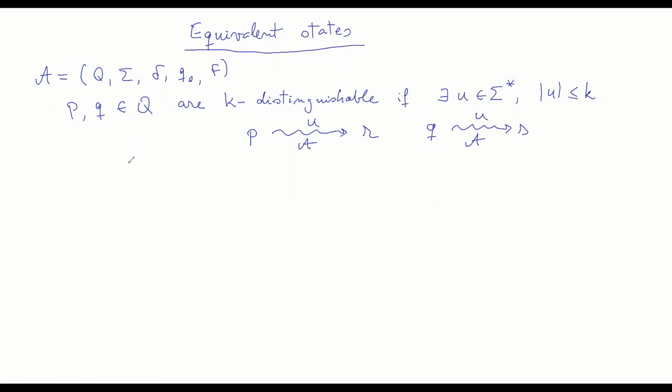So these two computations, one is accepting while the other is rejecting.